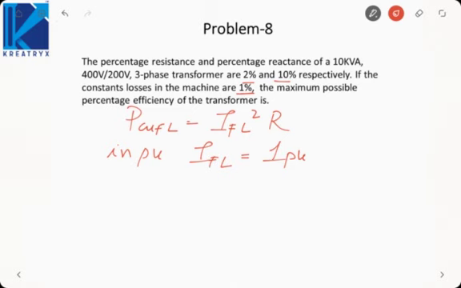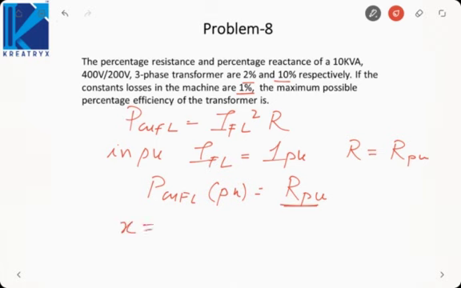So if you divide I full load by I full load, you will get 1 per unit. And we will have R is equal to R in PU. So copper losses full load in terms of PU will be equal to resistance in PU, because IPU will be 1. Okay. So for maximum efficiency, we have X is equal to under root Pi by PCU full load.